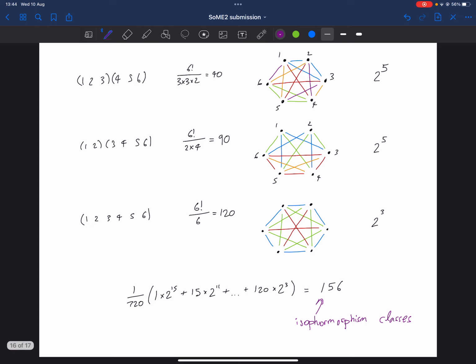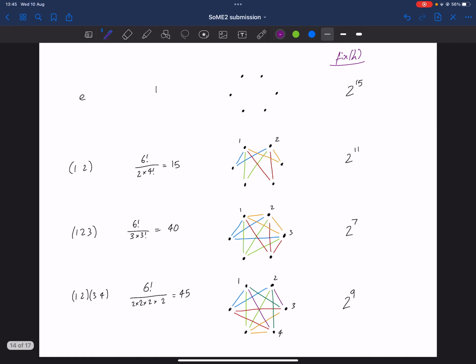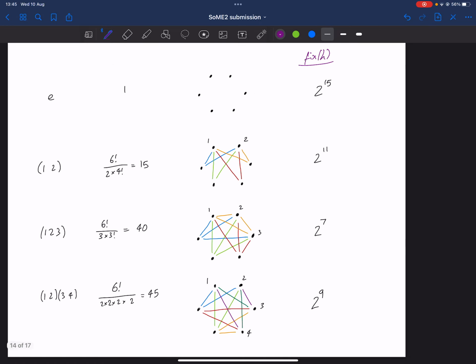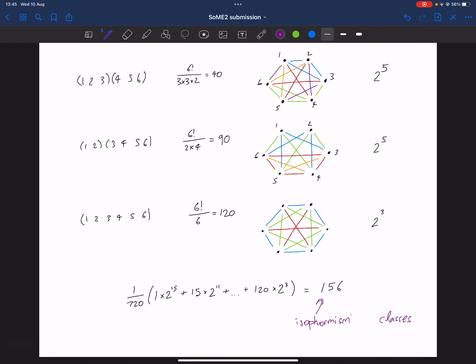The fact that we're finding something as fundamental as isomorphism classes of graphs, just by colouring some diagrams and applying this thing from group theory, is surprising but really elegant.